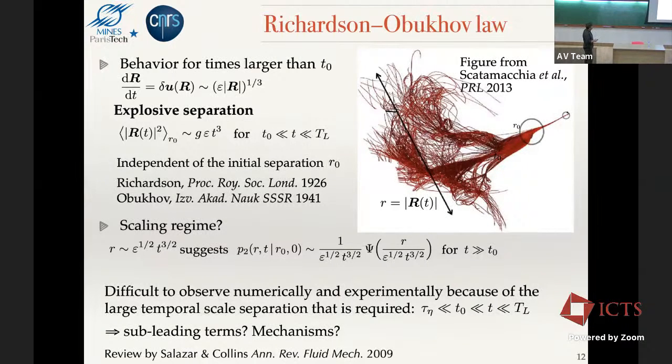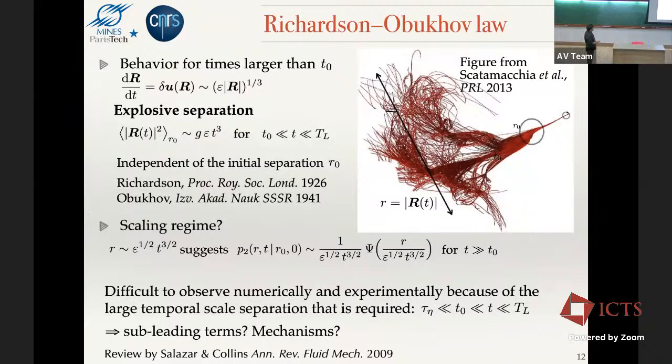And so what you get is this explosive regime, called the explosive regime or Richardson law, where the square separation conditioned on this R0 grows like t cubed. So it's super diffusive, faster than t. It would be t if it was diffusive. So it's t cubed, it's explosive, very, very fast.